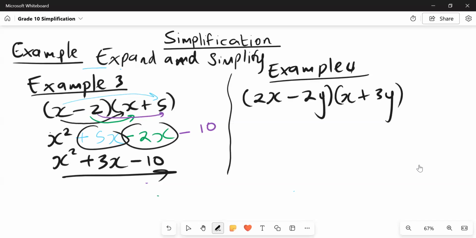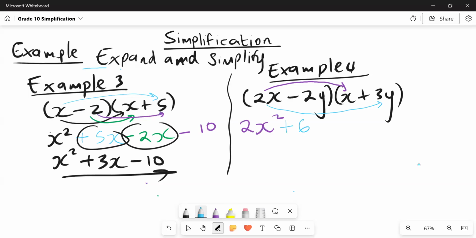Again, you multiply 2x with x. So you'll have your 2x squared. And multiply your 2x with 3y. How do we do that? 2 times 3, that's plus 6. And then x times y is just xy. Perfect.